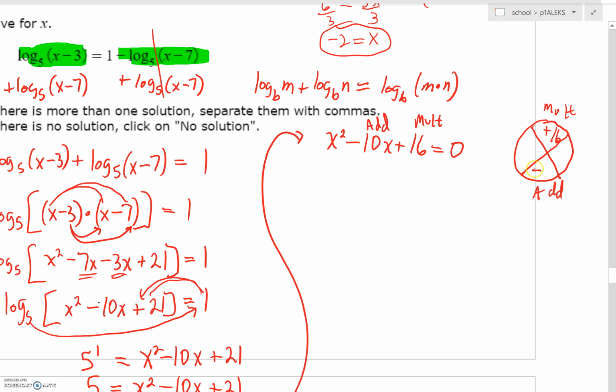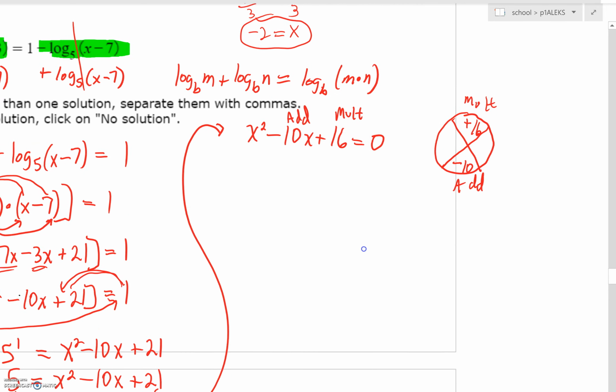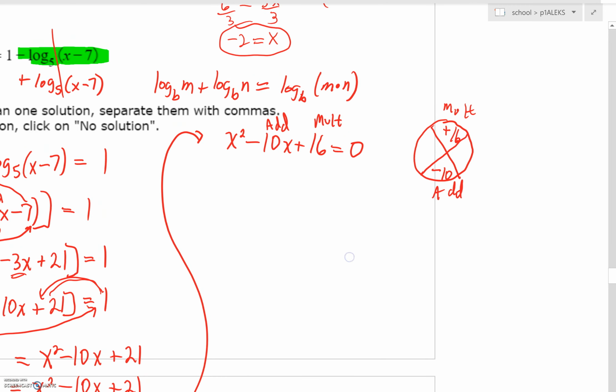You can think, well, how can we do that? Let's think about the ways you can multiply to 16. Multiplying to 16, you could have a 1 and a 16. You could have a 2 times 8, which is going to get you 16. And of course, you could have a 4 and a 4.